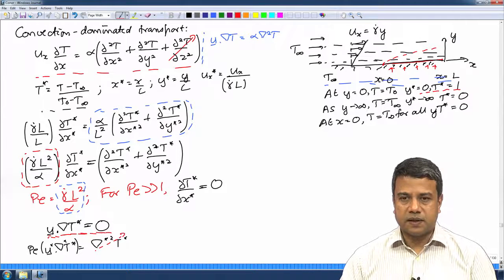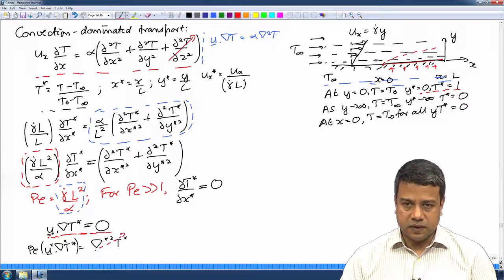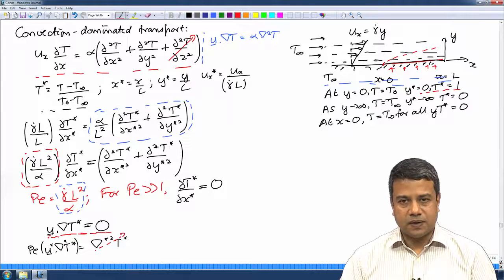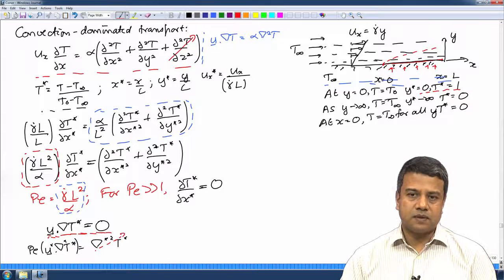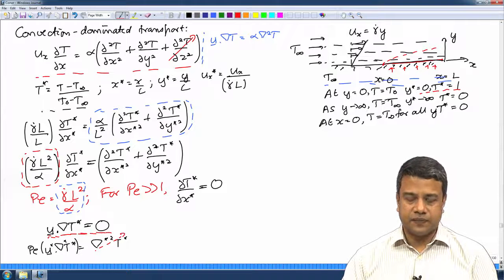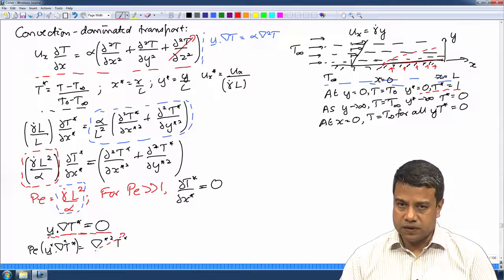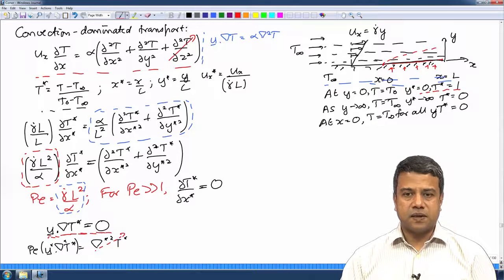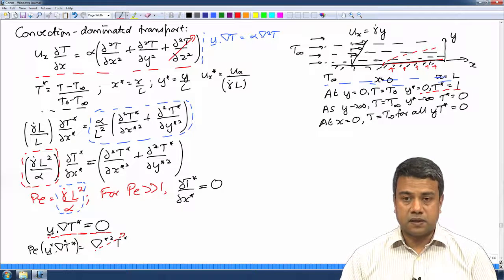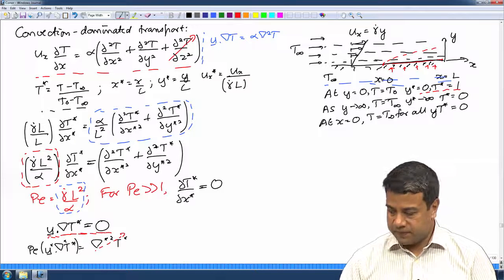As the Peclet number increases, the thickness of that region will decrease in such a way that if I scale the equation by the thickness of that region, then convection and diffusion continue to be of equal magnitude within this region, even as the Peclet number becomes larger and larger, so that it is possible to impose boundary conditions.